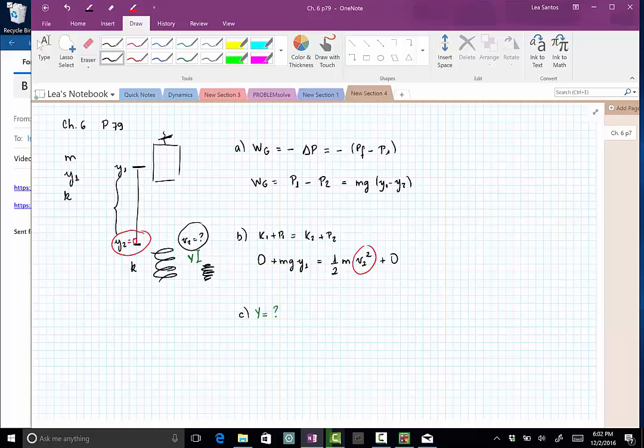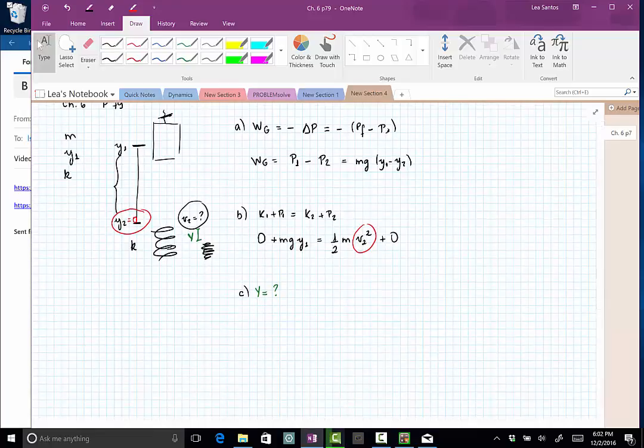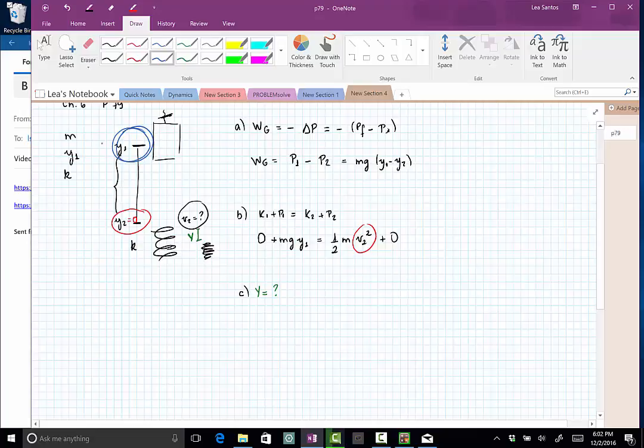The initial is equal to the final. What I'm going to consider as initial is up to us. Either I can pick position 1, or scenario 2 when we are right before hitting the spring. They are equal, the two. We have conservation of mechanical energy, so either 1 or 2 is the same.